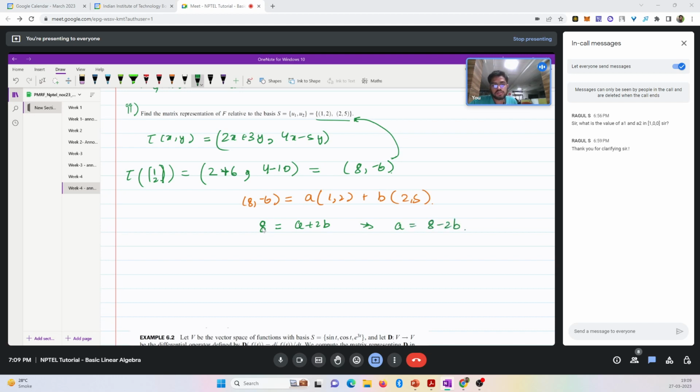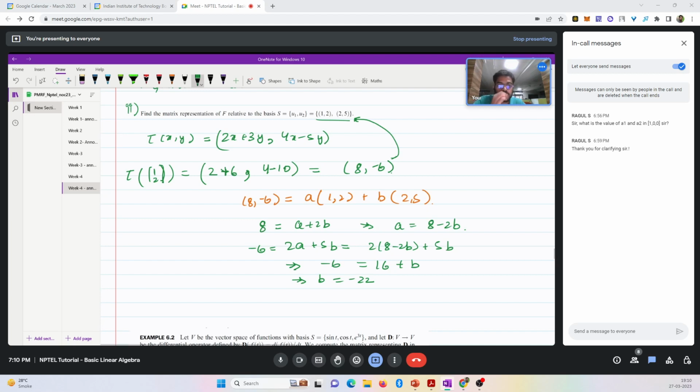Your second one is that minus 6 is 2a plus 5b, which is now equal to 2 times 8 minus 2b, plus 5b. This would imply that minus 6 is equal to 16 plus b, or b is minus 22. And then what is your a?